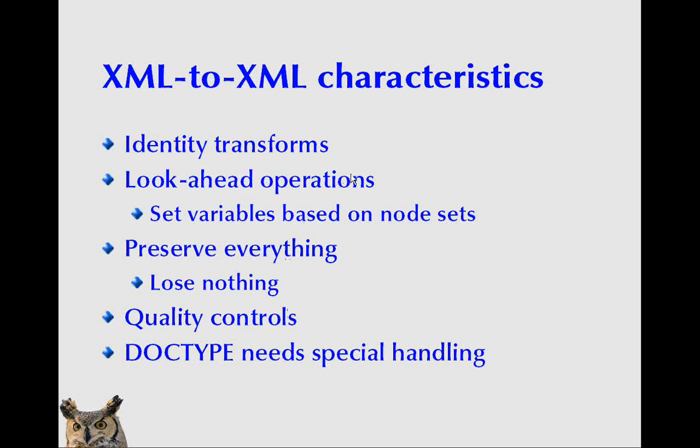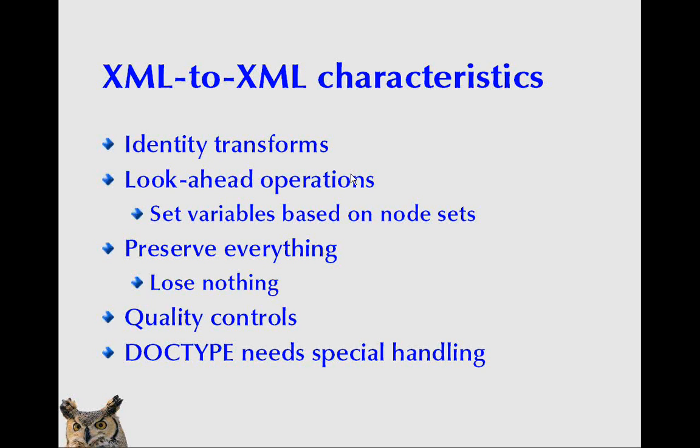So some of the characteristics of the actual processing that we do in XML to XML transforms. One of the main things that we use in an XML to XML transform is called an identity transform. And if there's any single piece of information that may be useful to those of you just getting familiar with XSL, this is one of the most important things.